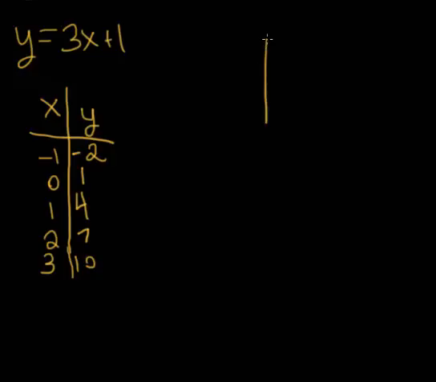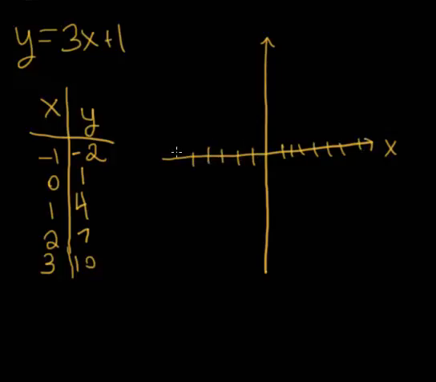Alright, so let's look at plotting those points on here. This will be our x-axis, this will be our y-axis. And we'll just have each of these little tick marks represent a 1. Okay, and then let's do some negative ones down here as well.